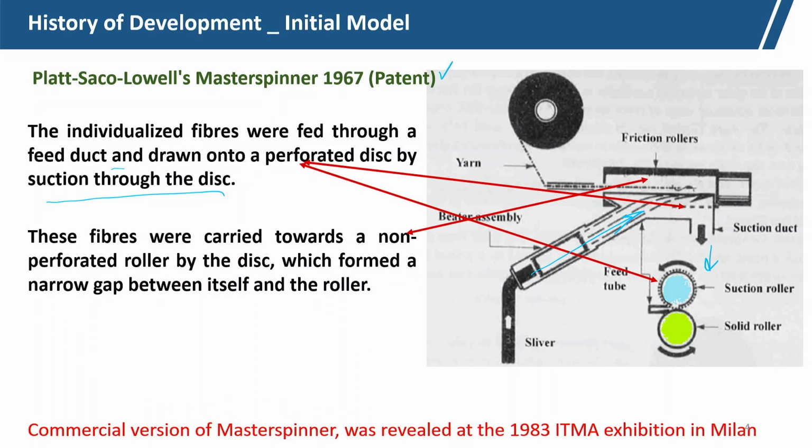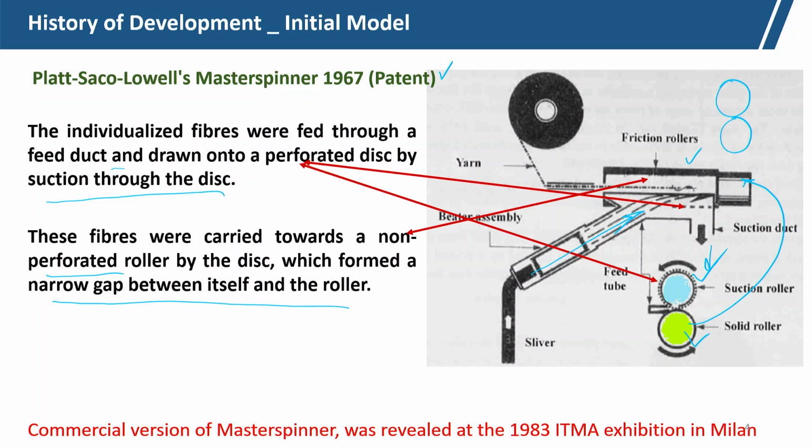And the friction is given by the friction roller, which is a solid roller. There is no perforation. These fibers were carried towards the non-perforated solid roller, which is the friction roller, by the disc, which forms a narrow gap between itself and the other roller. So, this is the suction roller and this one is the solid roller.